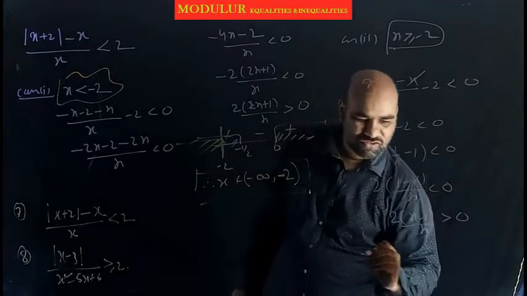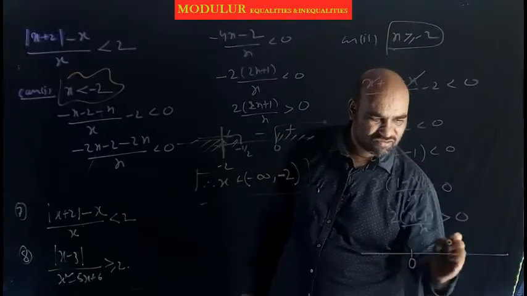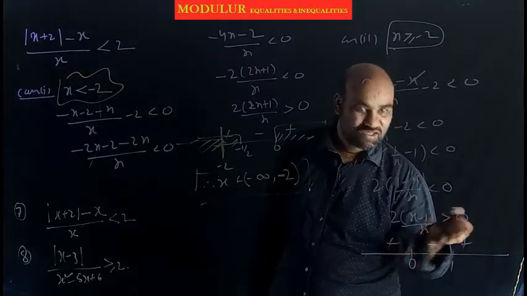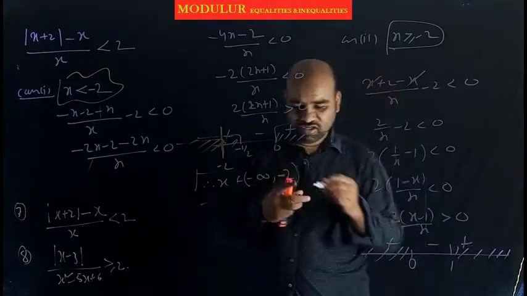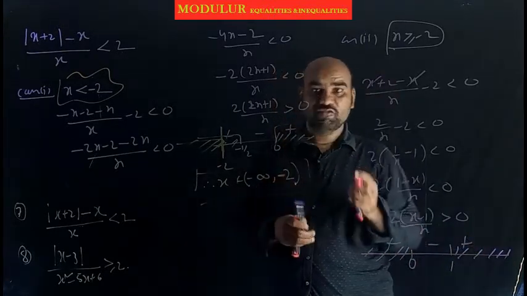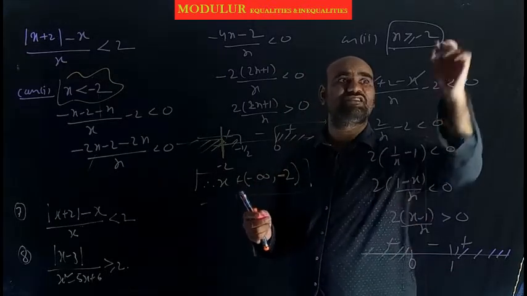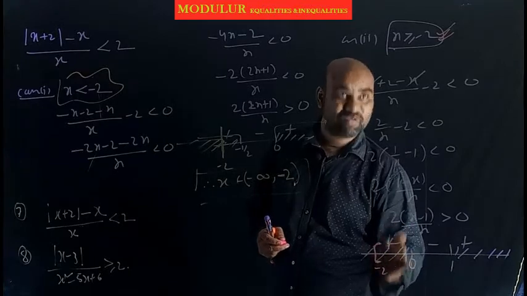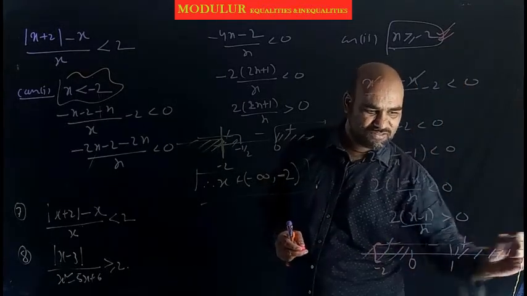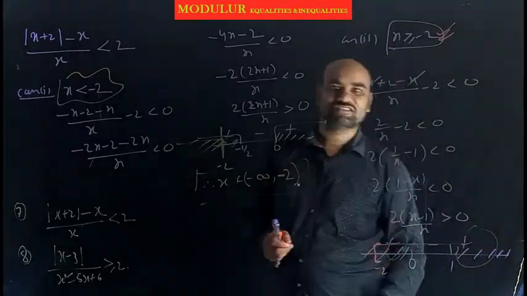Now I want to find the solution for this. So 0, 1, plus, minus, plus. Greater than symbol, so you want plus symbols. Another important thing is the domain: in this domain only you want to search for the solutions. Where is that? Here, minus 2 closed, minus 2 to infinity, this side. So the common area is this and this.